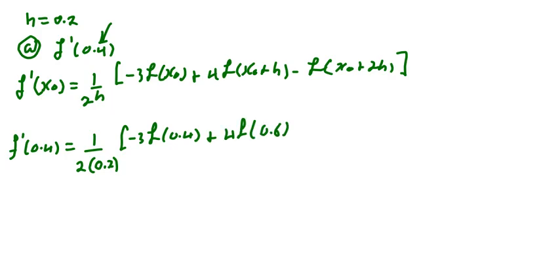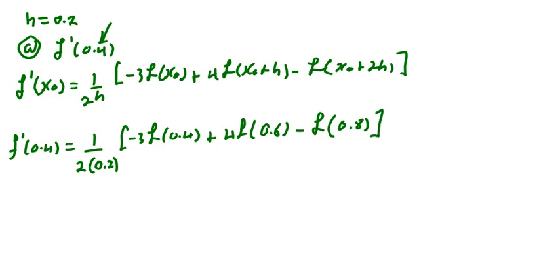I'm getting this from the fact that my x naught is 0.4 and my h is 0.2; when you add them, you get 0.6. Then minus f of 0.4 plus 2 multiplied by 0.2, which is 0.4 plus 0.4, which is 0.8. So we have 0.8 right here.